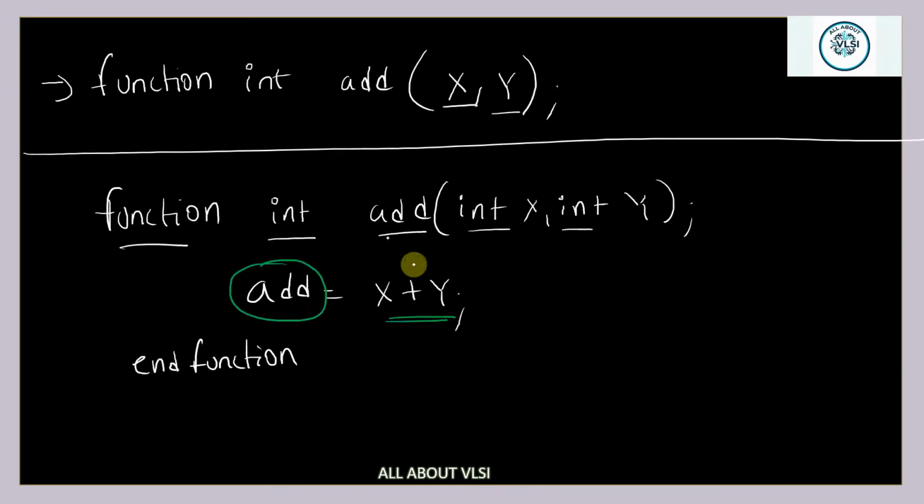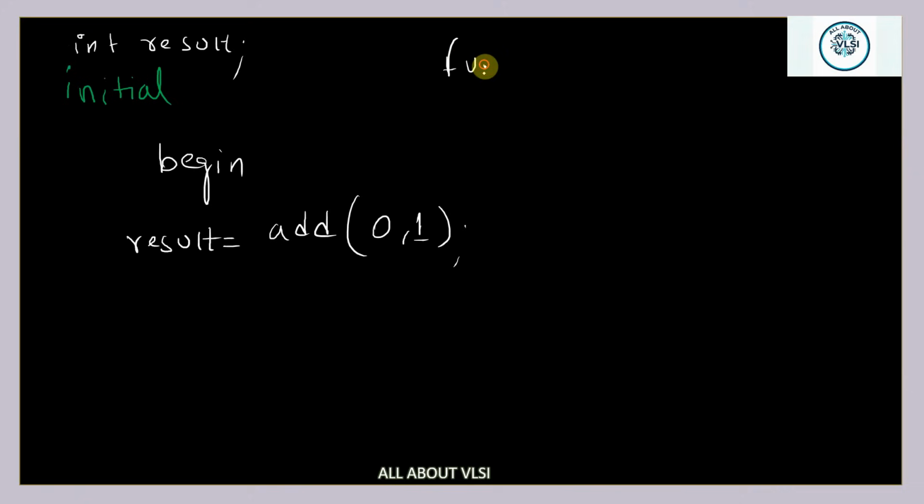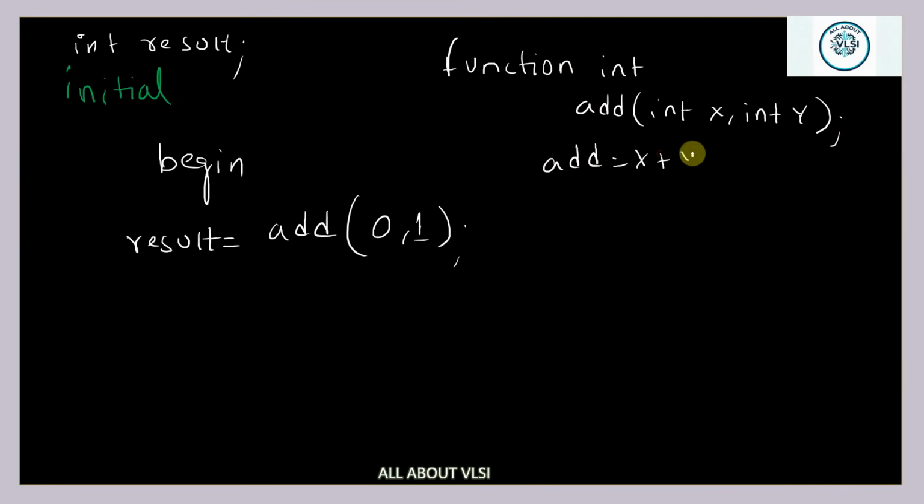Let me write the function over here so that I can show you parallelly: function int add int x comma int y, and add is equal to x plus y, end function.